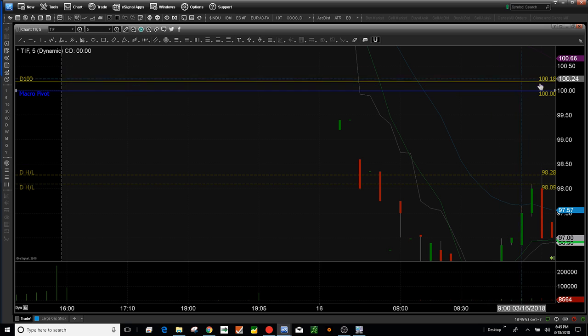So I knew that these two levels are really huge, that if the stock got anywhere up in this area, I would trade it short and my stop would be just above $118. So hey, you enter at 100, you've got a 20 cent stop.